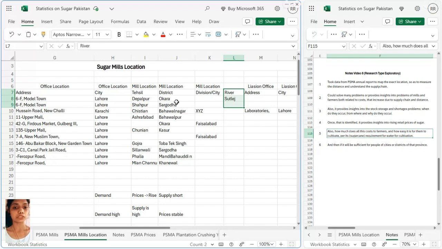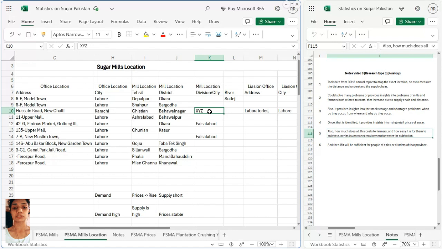We discussed that if it's near, like Bahawalnagar, for the people in that nearby area it will be easy for them, meaning less expensive. And if it's in a far area, the transportation cost might add, so for that far area it will cost more for sugar.